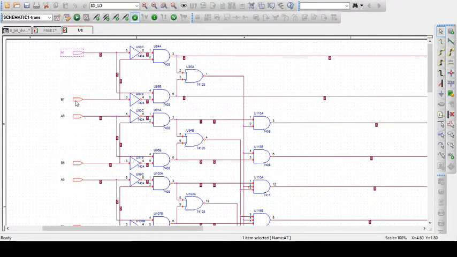A is greater than B, that means A is 1 and B is 0. And so this AND will have both inputs high, this AND will have both inputs 0, and this NOR gate will have 1 high and 1 low input. So the output of the NOR gate, which would be the A equals B term, is going to be 0. The output of this top AND gate, which is the B is greater than A term, is going to be 0.